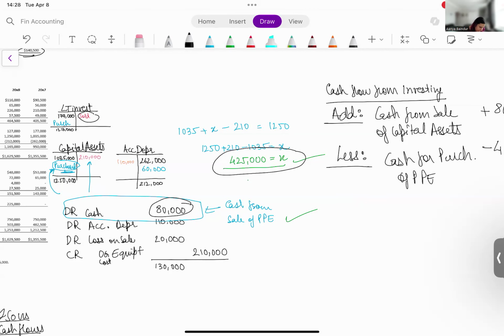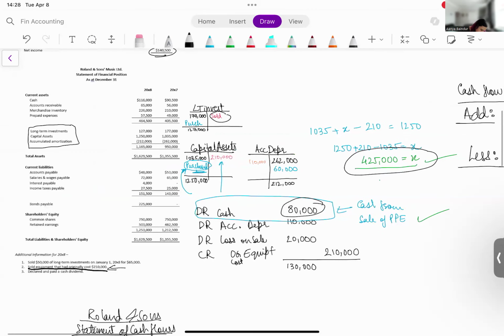Has the question told us anything? Yes, the question told us that we sold $50,000 worth of long-term investments for 65,000. So this question makes it easy because it's already told us what the cash involved in that was. We got $65,000 for the sale.